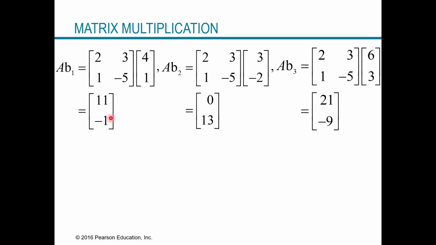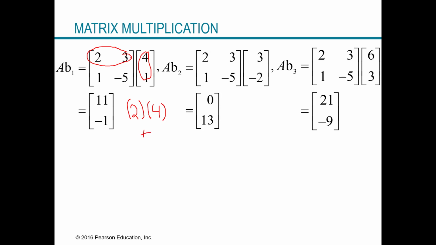And so remember how this works. We've seen this before, but let me break it down for you. Let's see how we got 11 and negative 1. So row 1 times column 1. You say each entry: the first entry in row 1 is a 2, and the first entry in column 1 is a 4, so you multiply those. So you say 2 times 4, and then you always add.